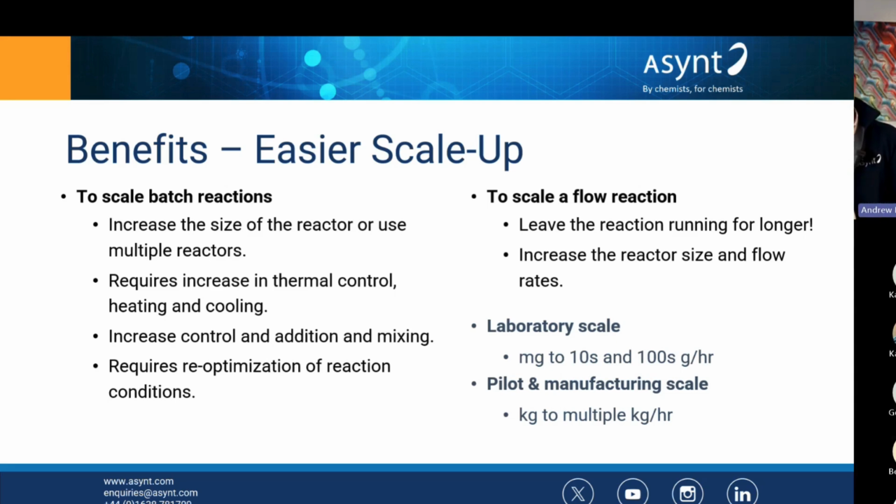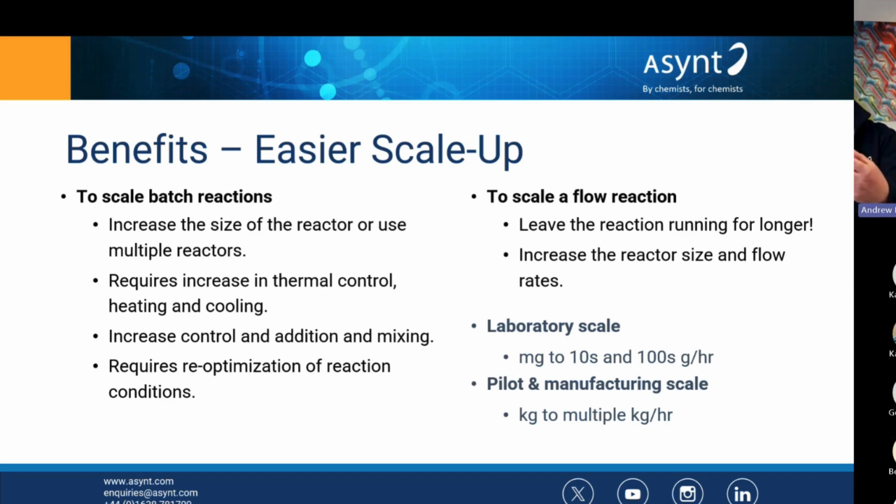So for laboratory scales, which is where we operate, we're looking at producing from milligrams to tens, hundreds of grams per hour, depending on the chemistry, so the reaction time and the concentration, potentially achieving kilograms per day with the right chemistries, with exactly the same system that we optimized our methodologies on.